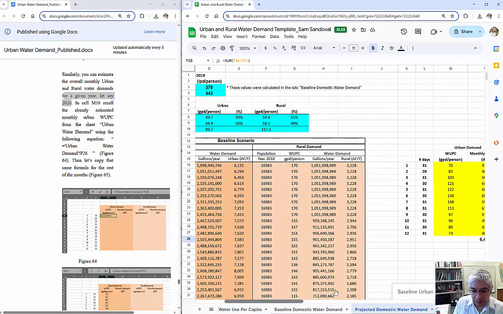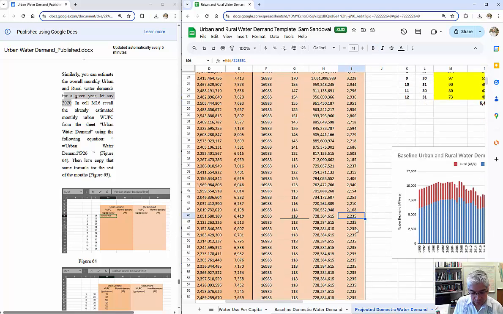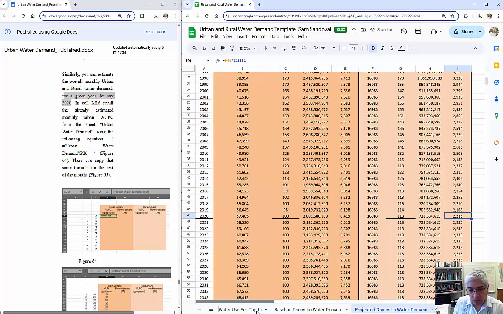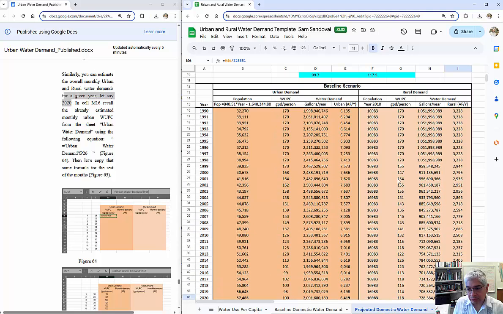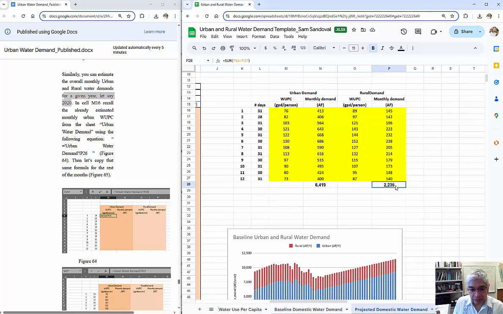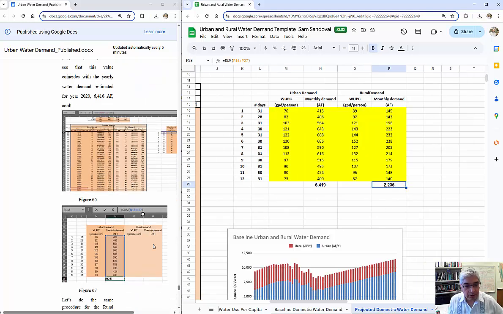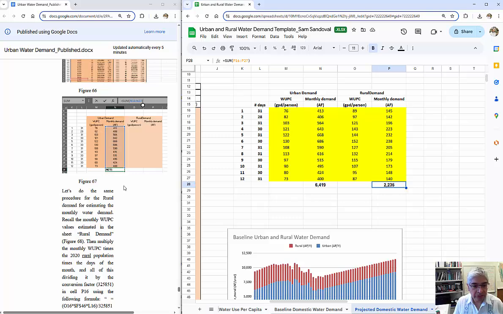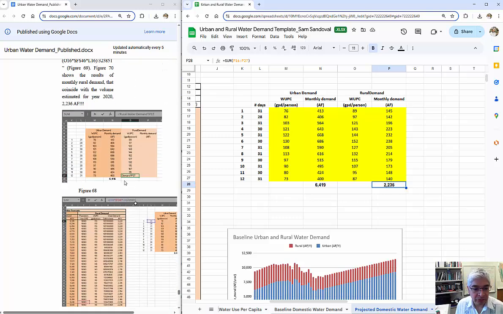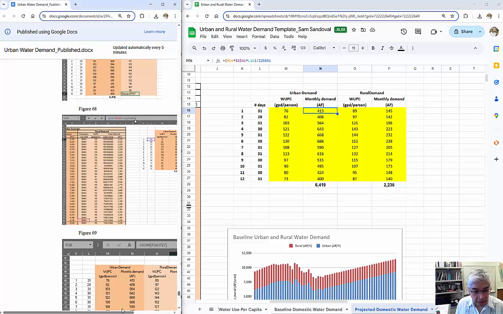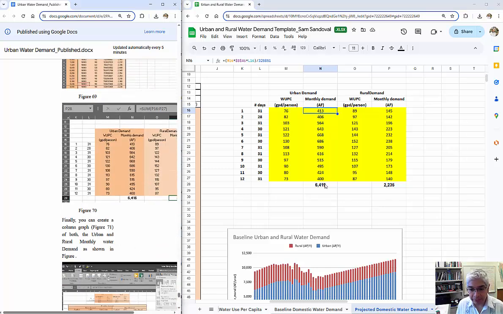This should be equal to this value, which is the annual water demand for urban use, and that will do it here. Then, as you can see, we have all of those here. Yeah, this is close enough.